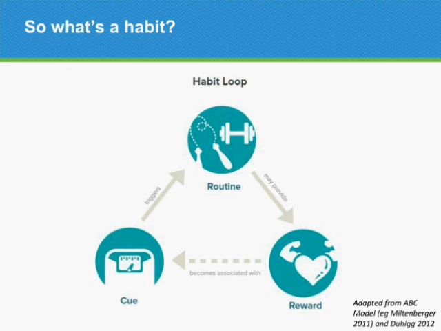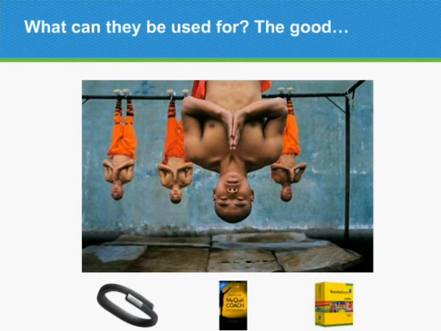So putting aside the theory, I could talk for quite some time about Wendy Wood's research and other researchers in the field about habits. Let's look a little bit at the practice. Habits are increasingly big business for product companies. They can be used for good things like overcoming our cognitive frailties. When you make something habitual, it no longer requires willpower.